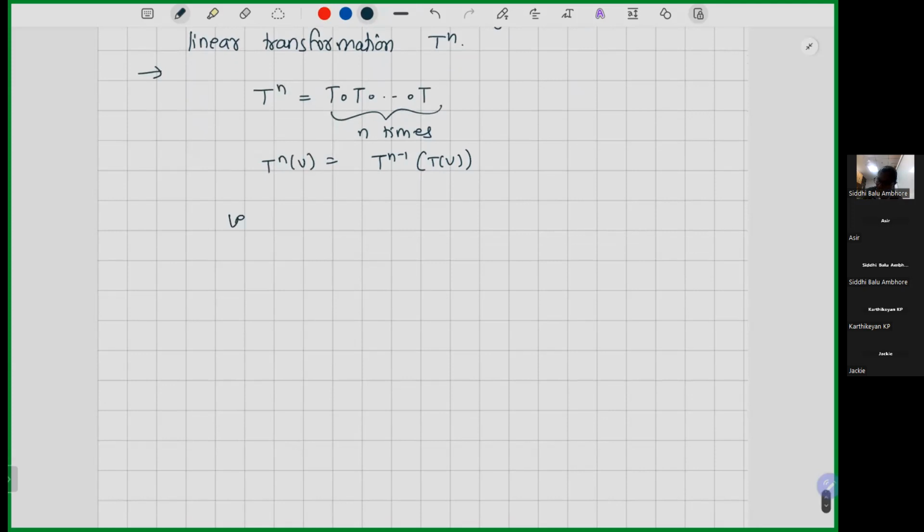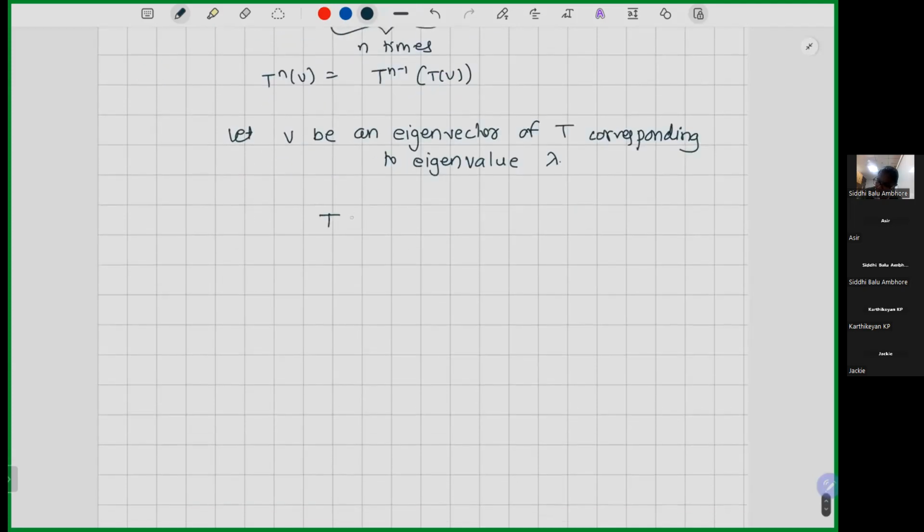So start by letting v be an eigenvector of T corresponding to the eigenvalue lambda. Then Tv is lambda v, right?